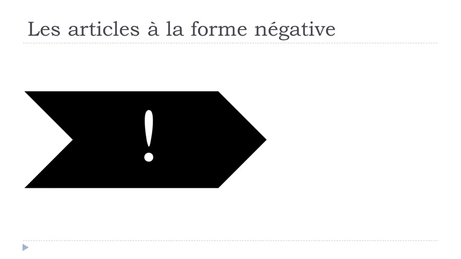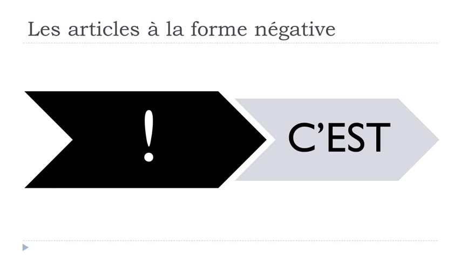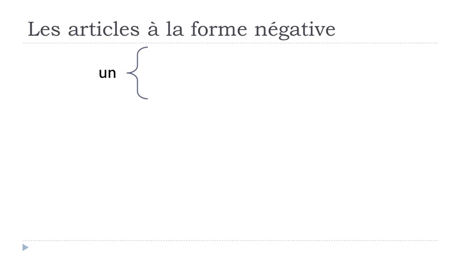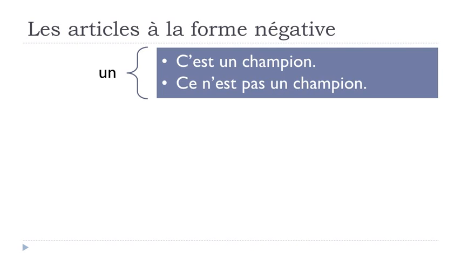But of course, in French, we've got exceptions, and the exception is this structure or this form that we've got: c'est, it is, or this is. So when we use this c'est, we'll see a few examples now. Here, c'est un champion.